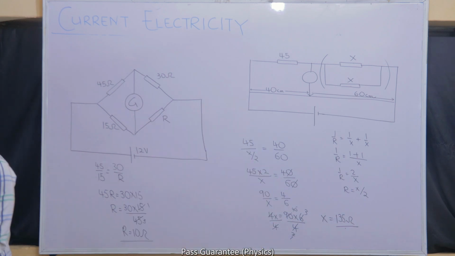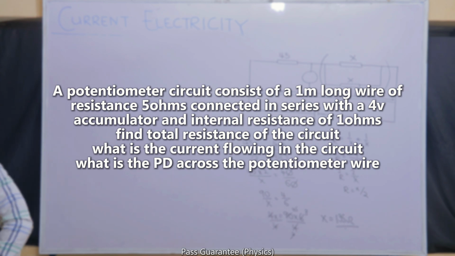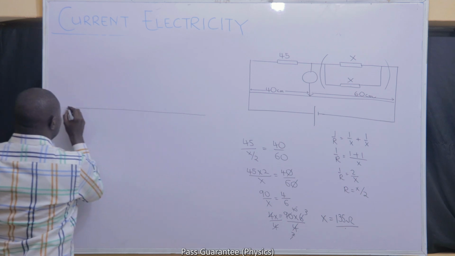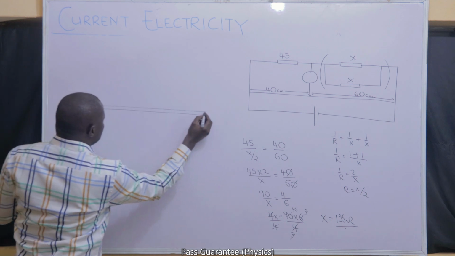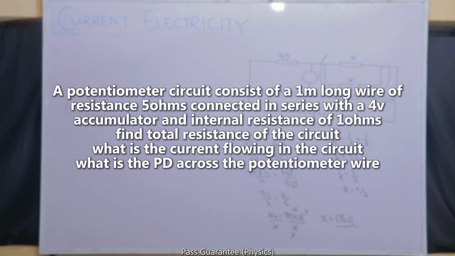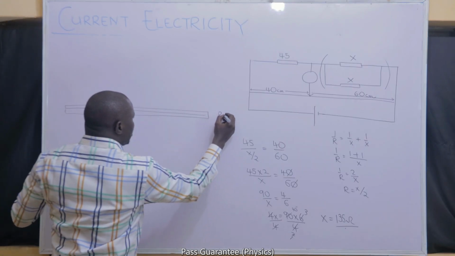Then the last question, to test our knowledge on potentiometer. We are told that a potentiometer circuit consists of a 1 meter long wire of resistance 5 ohms.